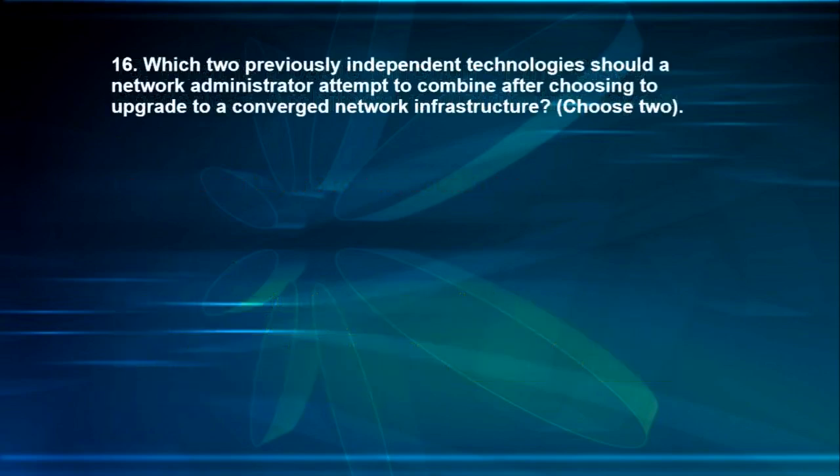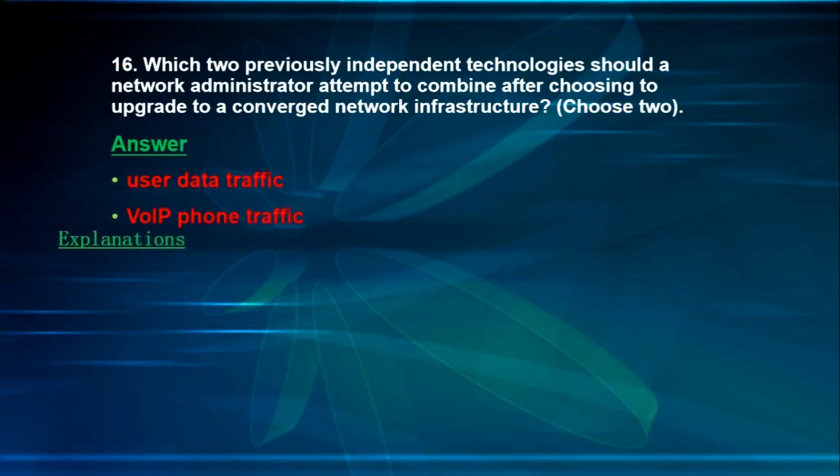The last but not least, which two previously independent technologies should a network administrator attempt to combine after choosing to upgrade to a converged network infrastructure? The first answer is user data traffic, and the second answer is VoIP phone traffic.